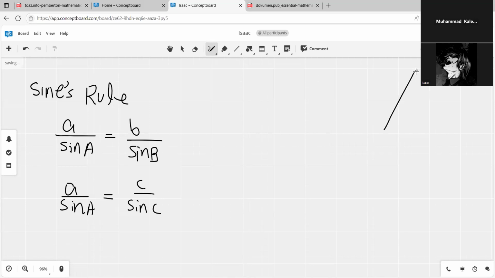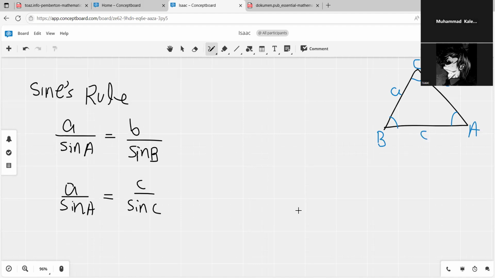Like if I have a triangle like this, and I name this side as a, then the angle opposite to this side will be A. Or you can name this one as vertex A. So this is angle A and this is side a. If we have a B here, this angle will be B and its opposite side will be b. And if we have a C here, this angle will be capital C and this side is c.